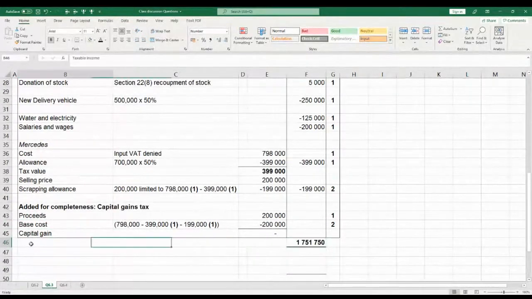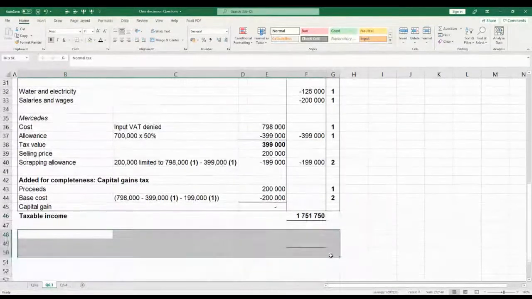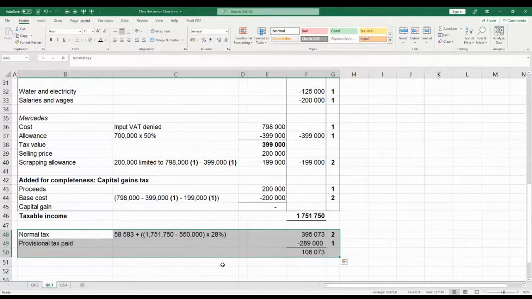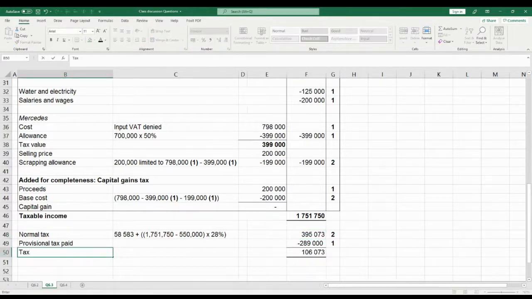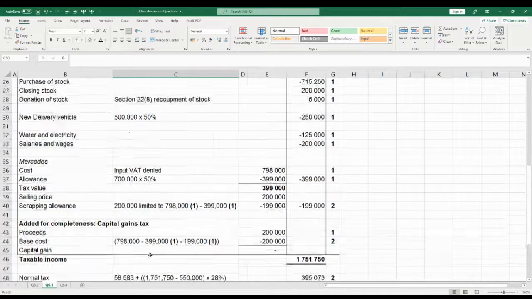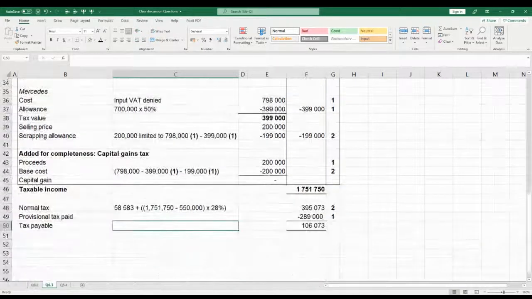Then we add all of that to get to our taxable income, and then we apply our SBC tables to get to our tax amount for the year, and we deduct the provisional tax payment to get to our tax payable at the end of the year of 106,000. Okay, and that is how you would do this calculation.